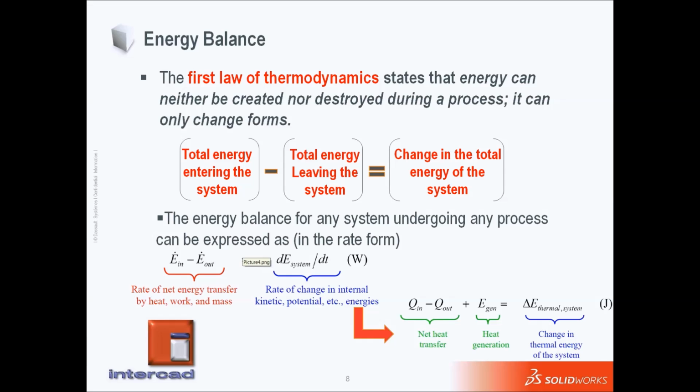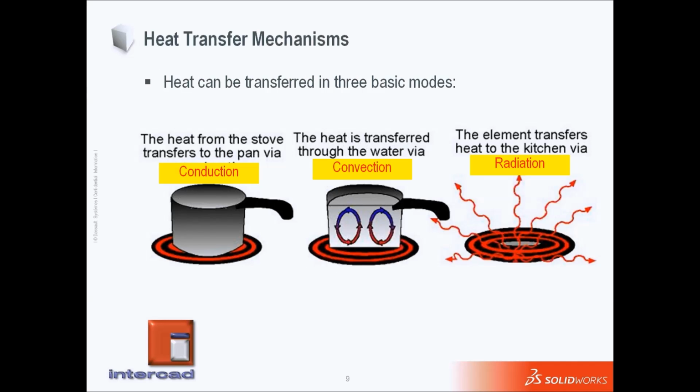Okay, then let's focus on the mechanisms of heat transfer. Heat can be transferred in three basic modes. If we're talking about heat transfer between solid bodies, such as a pan over a stove, this mechanism is called conduction. So solid to solid heat transfer is called conduction. But if we're concerned with heat transfer through a fluid that interacts with a solid body, that mechanism is convection.